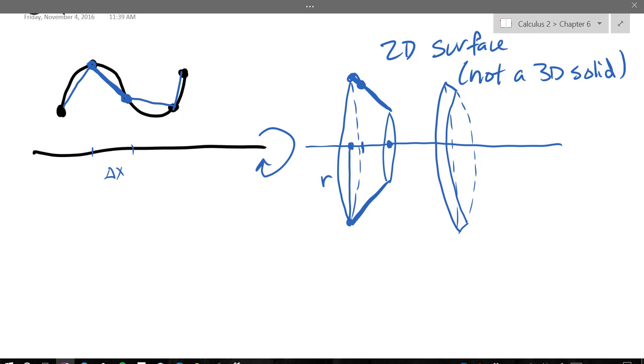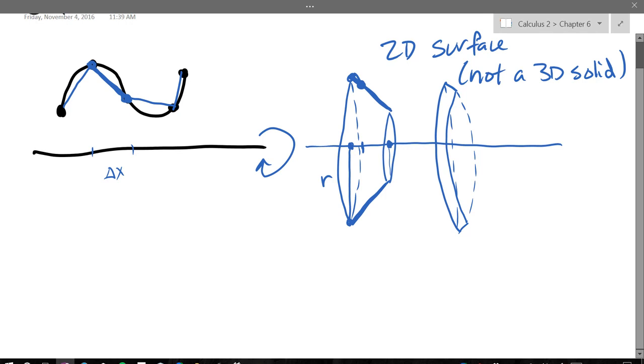So the idea is if I cut it up small enough, the left radius and the right radius would be pretty close. So I think you can see in the second version right here, they're a lot closer. And if I cut it up 10 times smaller, it would be very close. So we're not going to make a big fuss about which radius to choose. You cut them up small enough and it's okay.